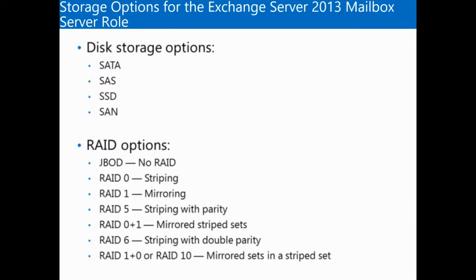So for the JBOD, just a bunch of disks. That means just a bunch of disks. It is a collection of disks that have no redundancy or fault tolerance. So the just a bunch of disks are usually lower cost than solutions that use RAID. So to use RAID, it is expensive. So just a bunch of disks adds fault tolerance by using multiple copies of the database.